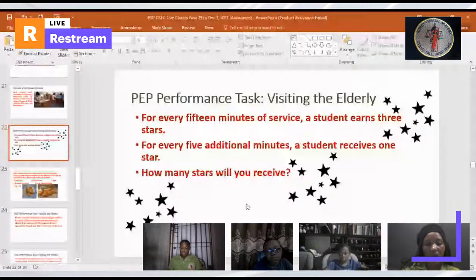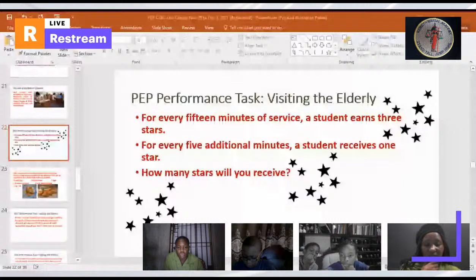How many stars would you receive for the times that you chose for the service that you gave? Every 15 minutes, 3 stars. And for every 5 minutes after that, 1 star. So how many stars would you have received for your service?